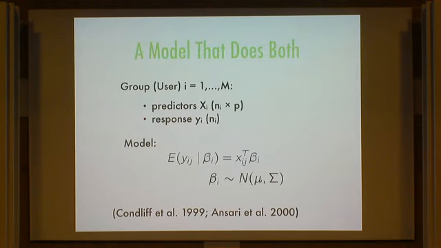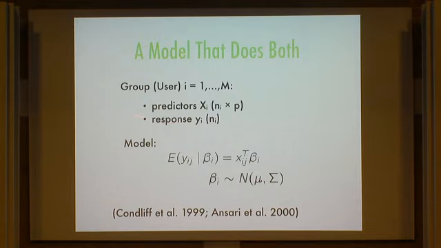Okay, so it turns out if you use a hierarchical model, you can use both strategies simultaneously. I'll go into this in more detail in a little bit, but the way I'm going to think of it is I have some user i's rating of movie j, Yij.